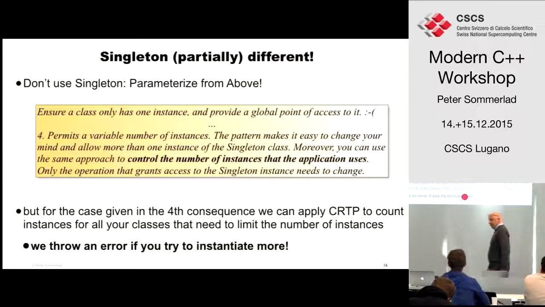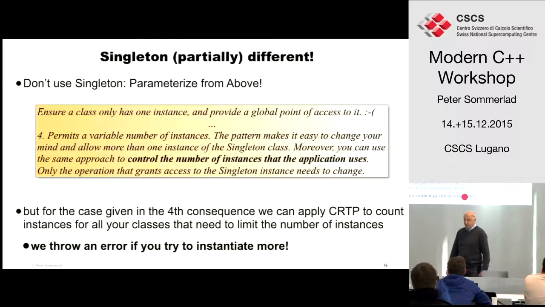I told you already, don't use singleton, but there might be situations where you want to actually control the number of instances of a given class. Maybe because you're managing a resource that has only limited availability, and throughout the program run you wouldn't want more than one or a couple of objects of these resource management objects.